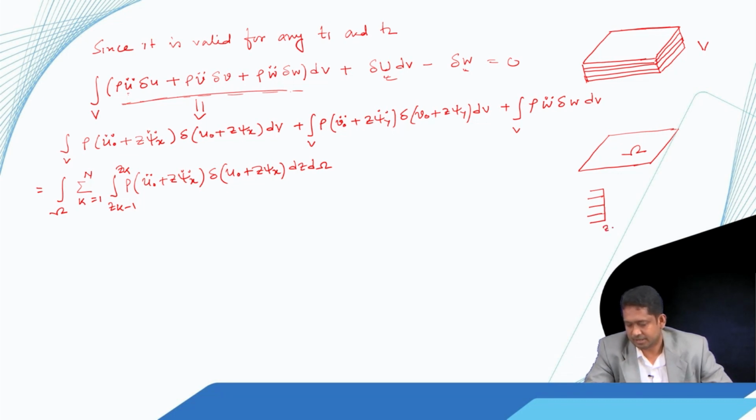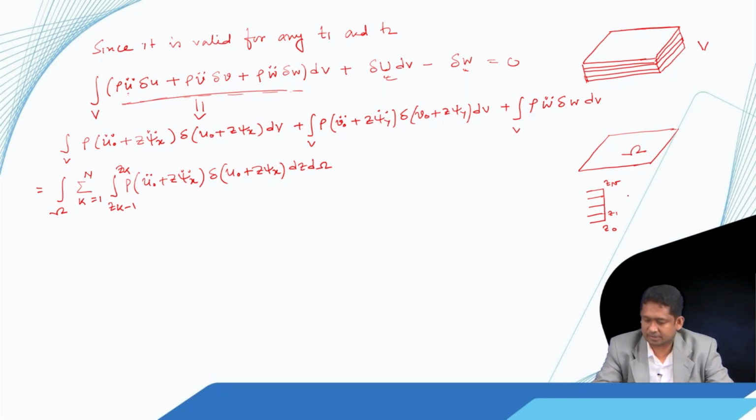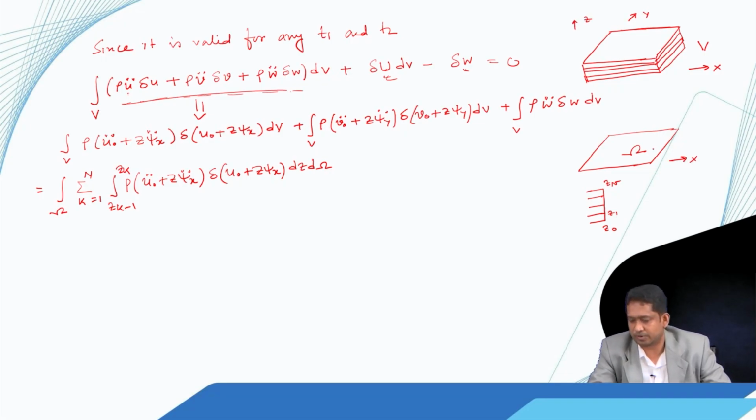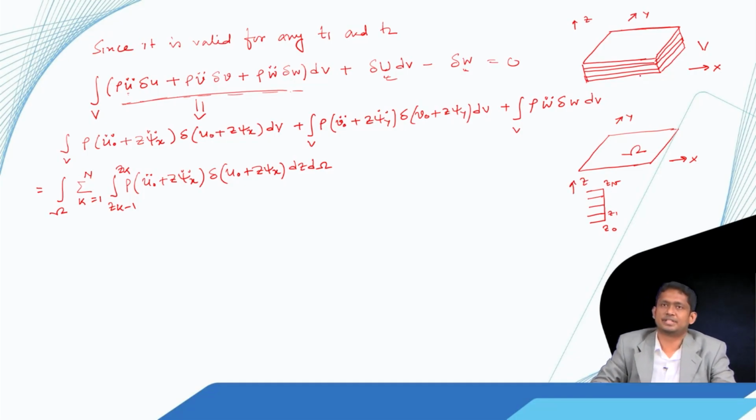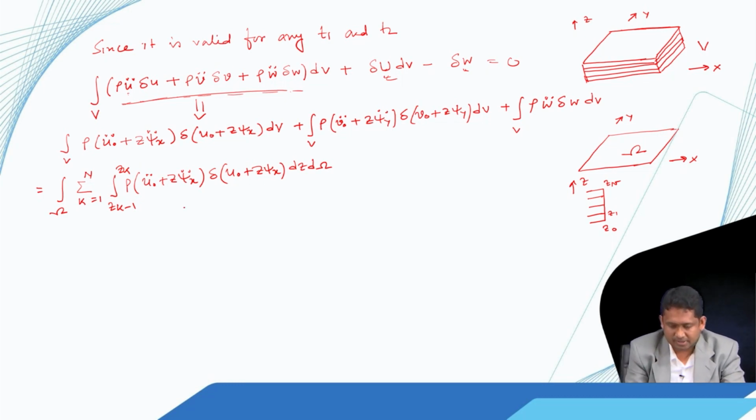We have already discussed it: Z0, Z1, it goes up to Zn. So, for the kth ply, z ranges from Zk minus 1 to Zk. This is x, this is y, this is z. So, we integrate over the thickness first and then we integrate over the surface.